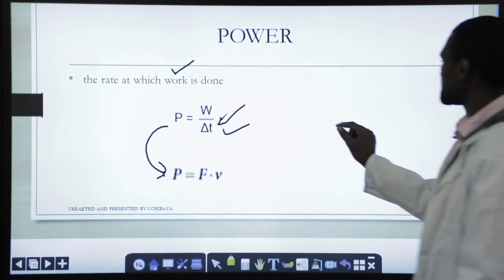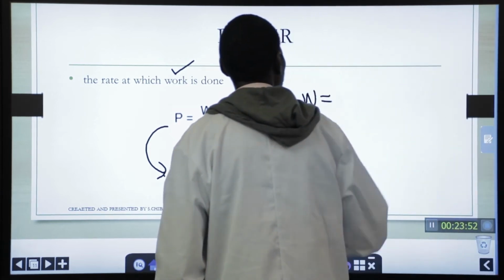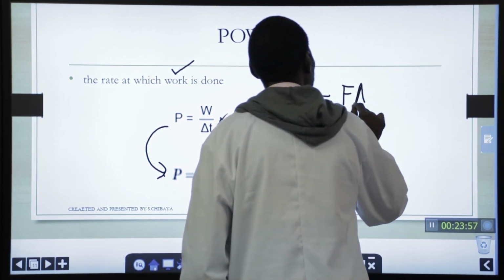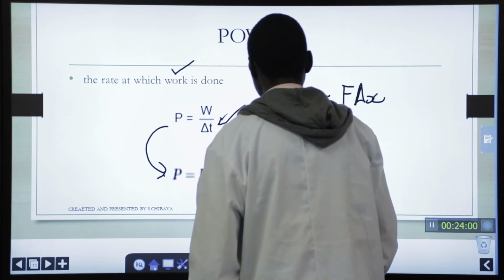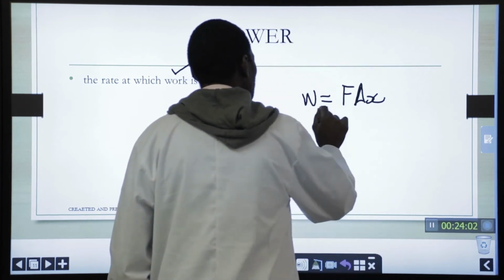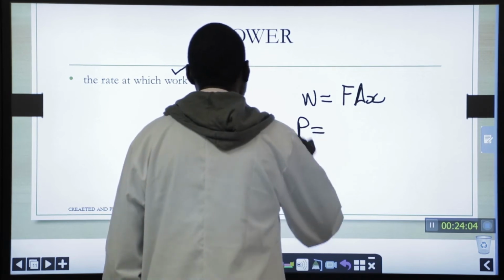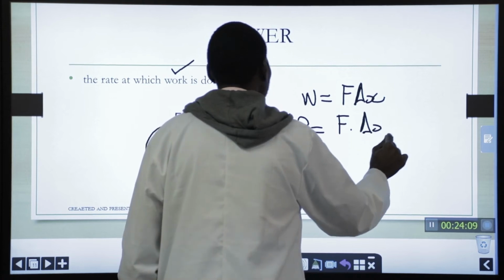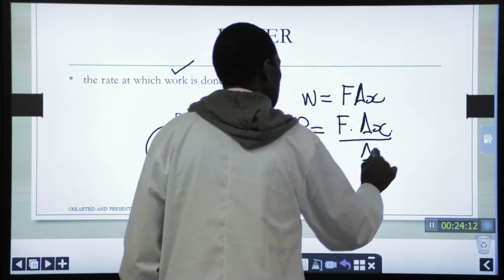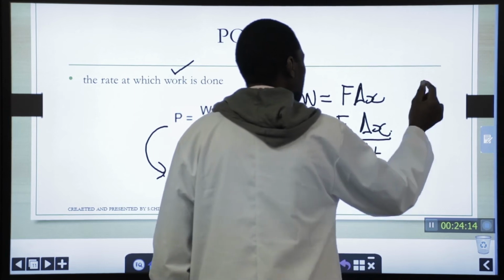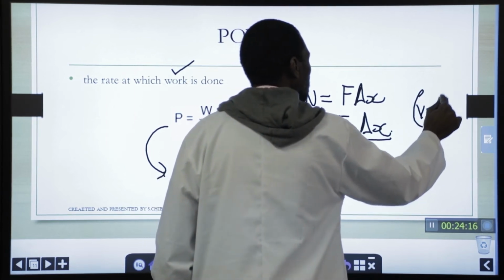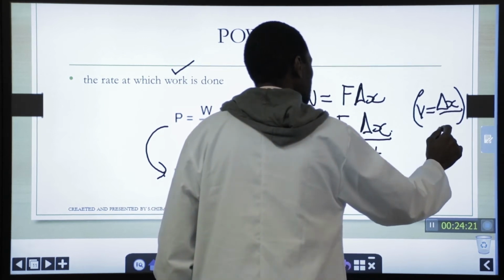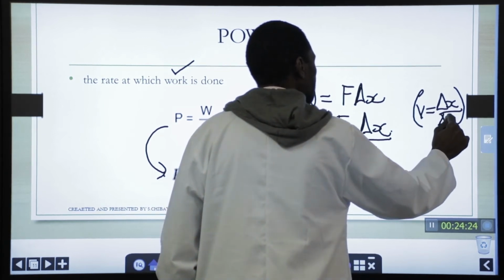You know already that work done is equal to force multiplied by change in x. Now, if I am going to substitute W, where I have got W here, by F multiplied by change in x over change in t, you also know that velocity is equal to change in x divided by change in t.